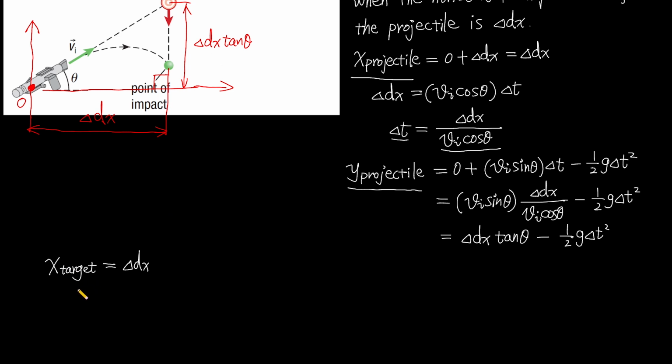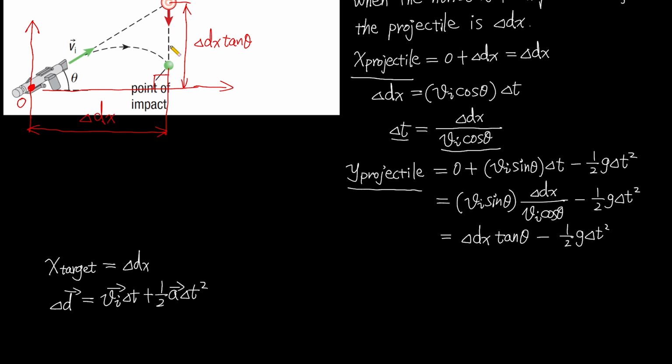And for the y-coordinate, the target just falls down, so it's a one-dimensional free-fall movement. We recall this formula: the displacement delta d equals the initial velocity multiplied by delta t plus 1 over 2 multiplied by acceleration multiplied by delta t squared.